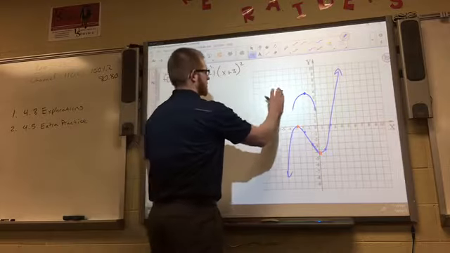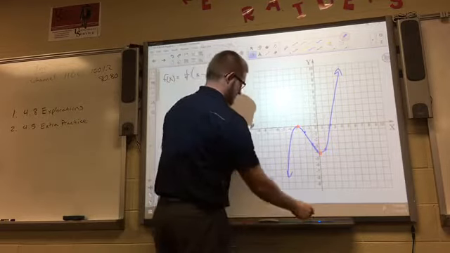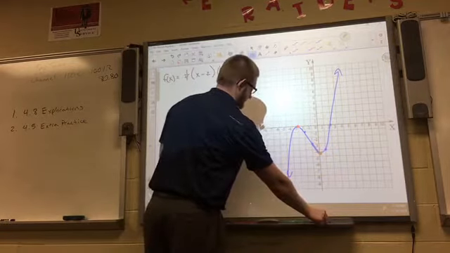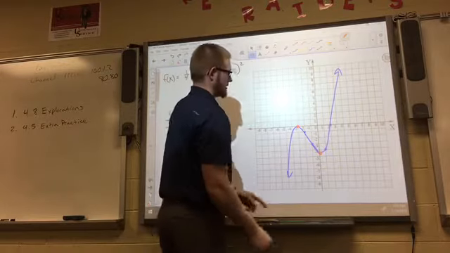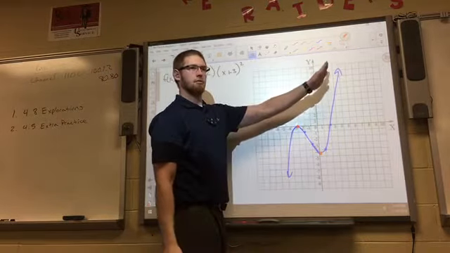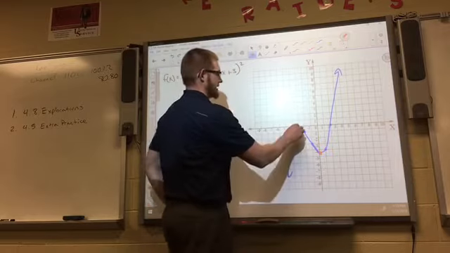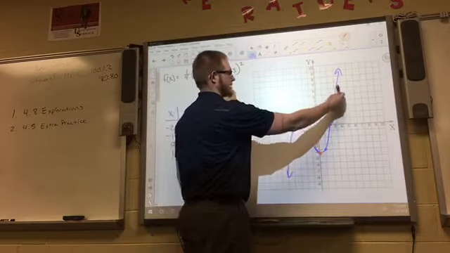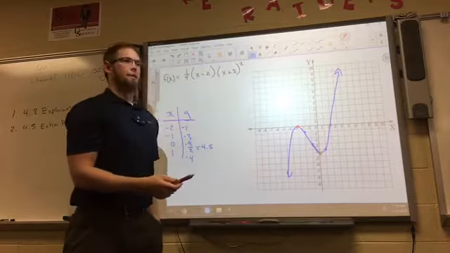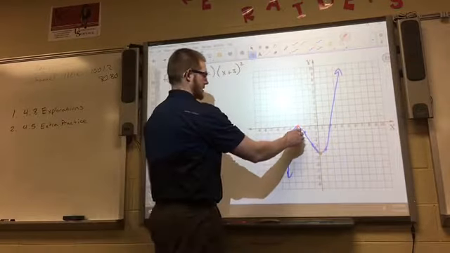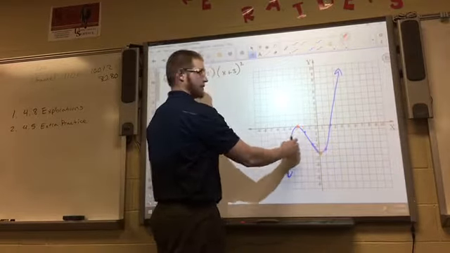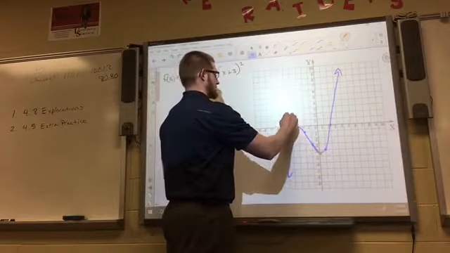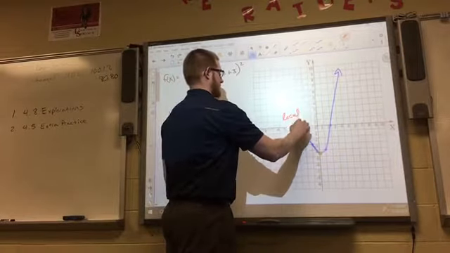With these polynomials, since they could keep going, this is not your maximum because obviously my function is higher over here, right? But it is the maximum here. Agreed? So we would call this a local maximum.